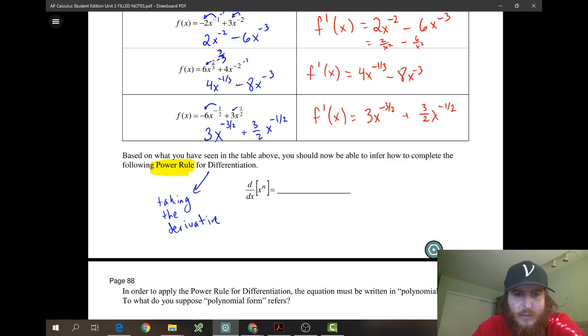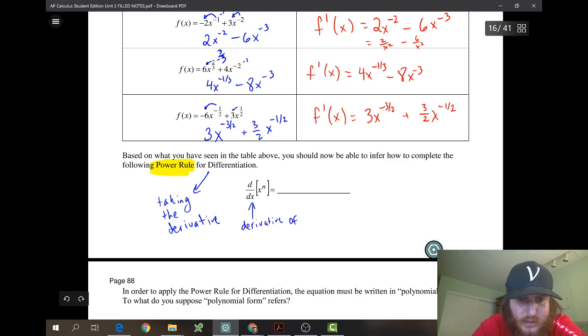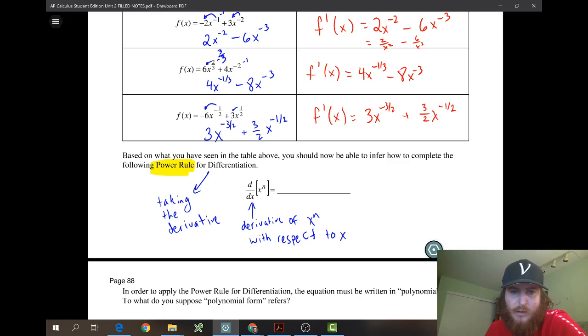And it tells us that, now, this is a new symbol. So this means the derivative of, essentially, something. So in this case, it's x to the nth. And we're going to say with respect to x. So we're going to learn later on that we can take derivatives with respect to x, but we can also do it with other variables.